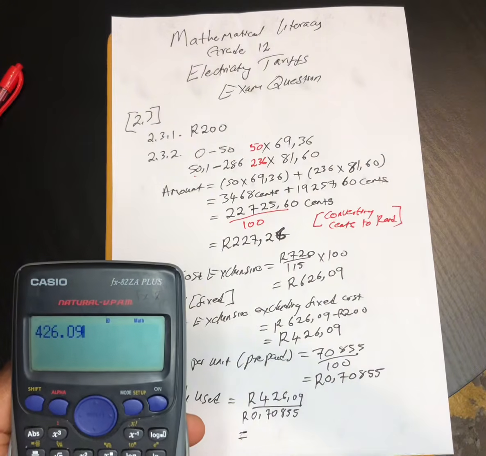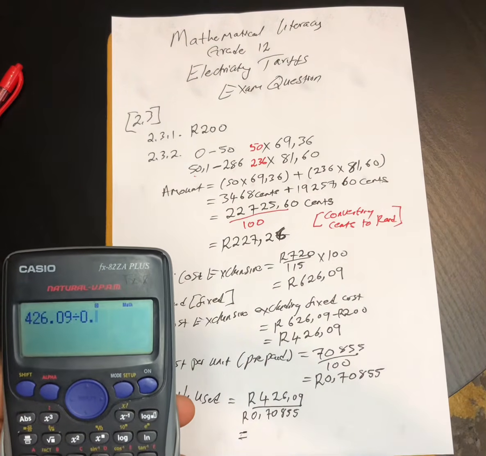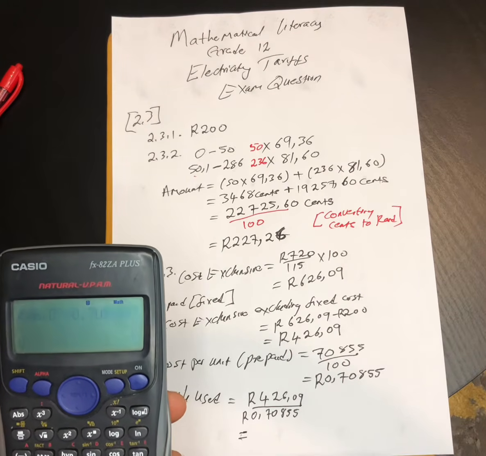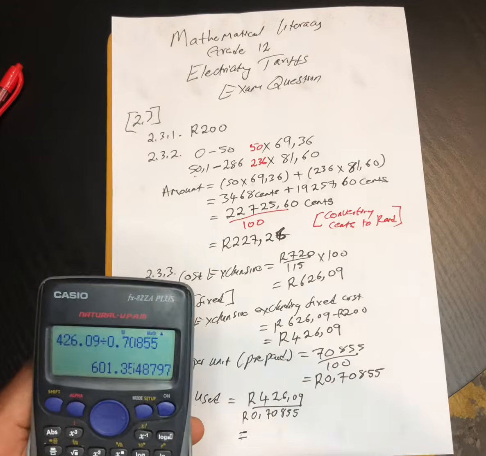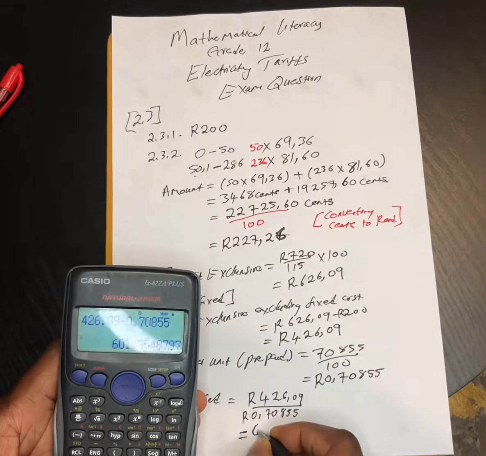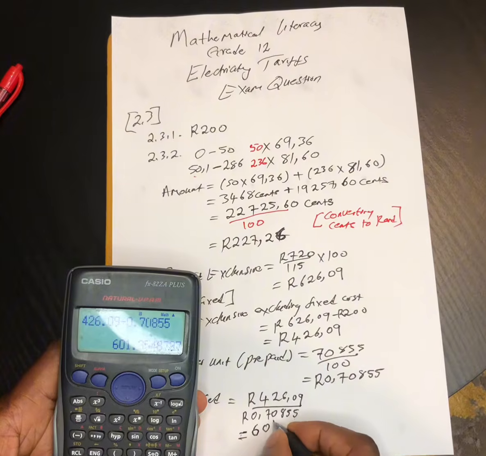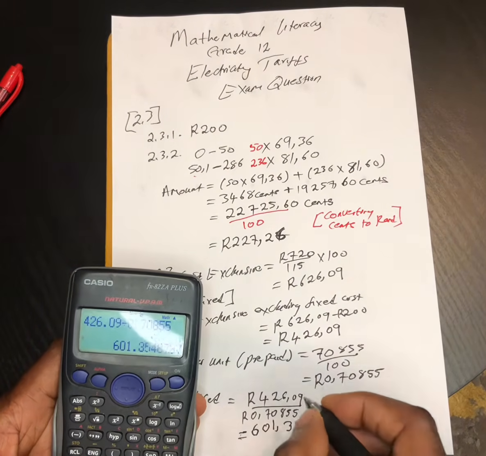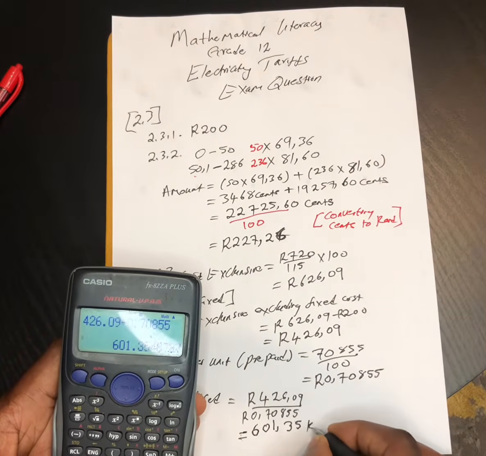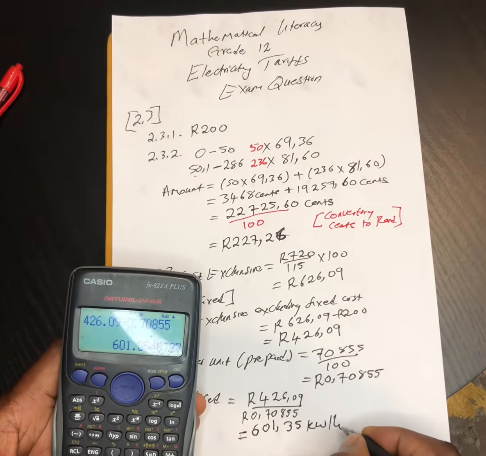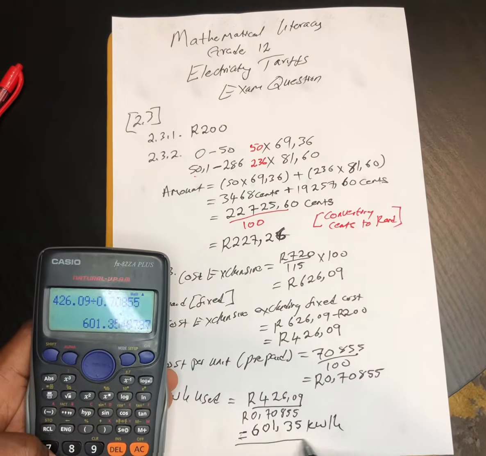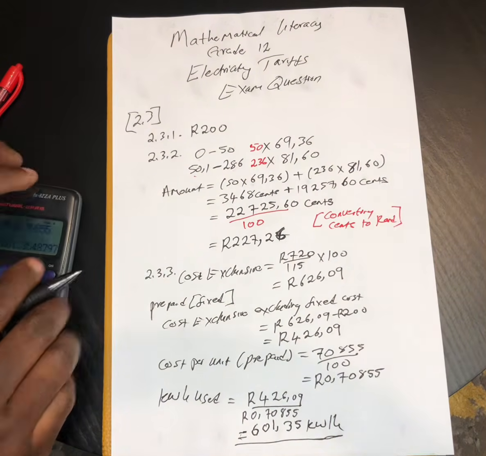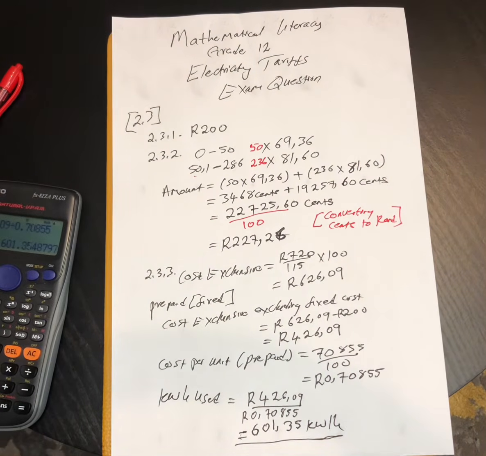We find the units are going to be 601.35 kilowatt hours. So this is the units.